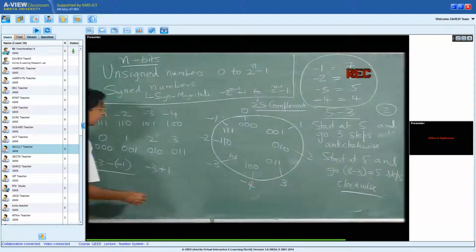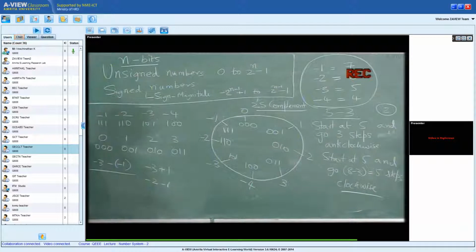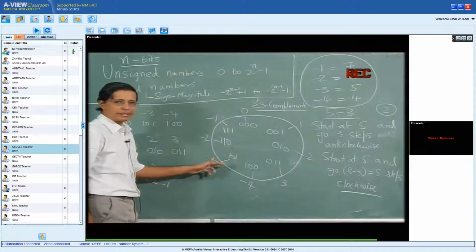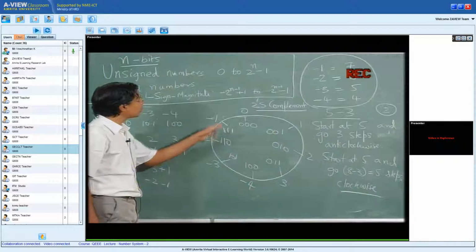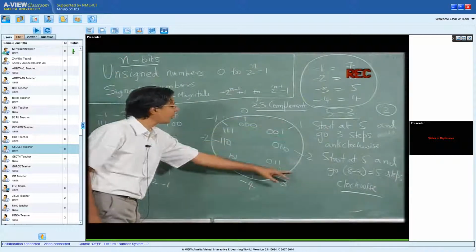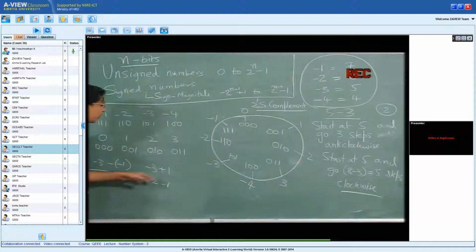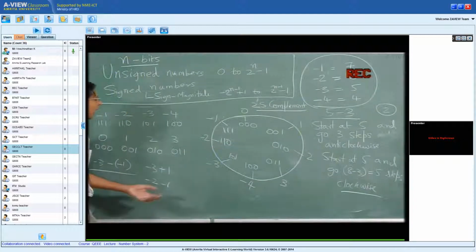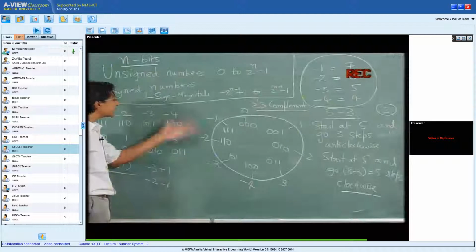Suppose I want to do -2 minus 1. -2 minus 1 is nothing but from -2 go 1 step anti-clockwise, or do 7 steps clockwise. So 1, 2, 3, 4, 5, 6, 7, I get -3. So even for -2 minus 1, you just take the representation of 110 and the representation of minus 1, which is 111, and then just add it.